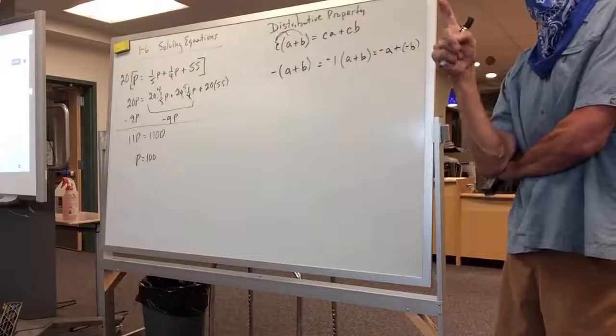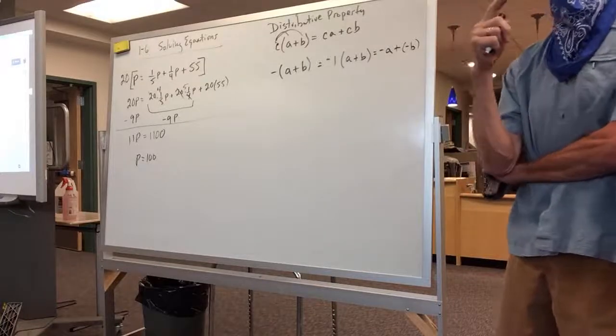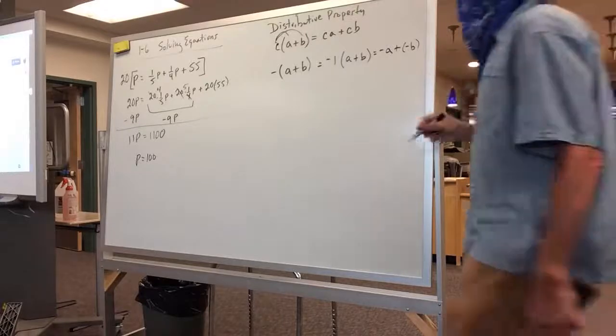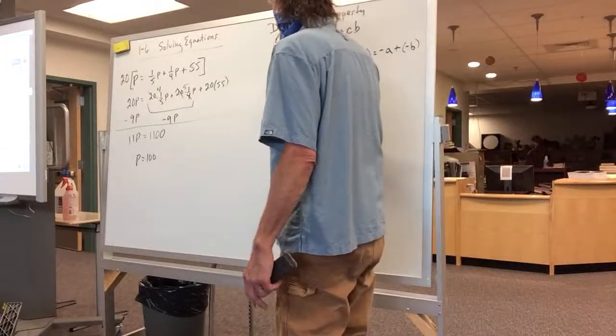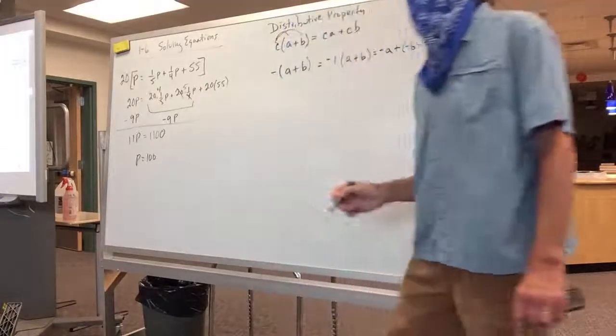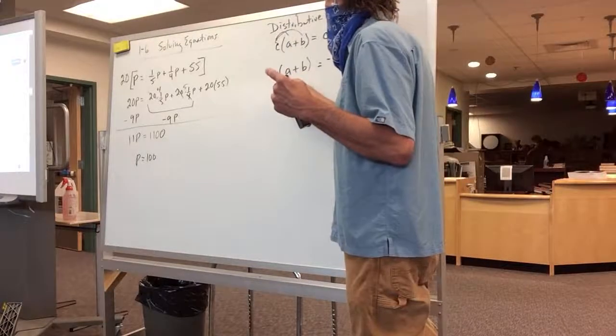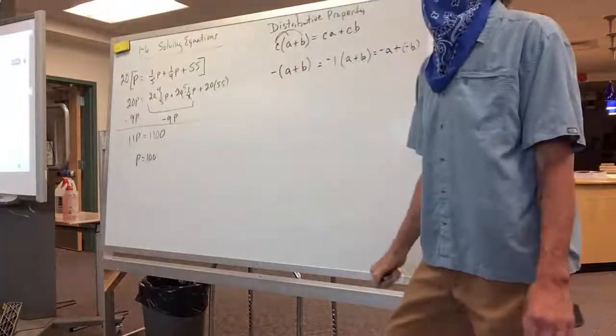So this is important, and this can be challenging to get through once we see it in different problems. But when there's a negative in front, this is going to change the sign of everything that's inside of here.